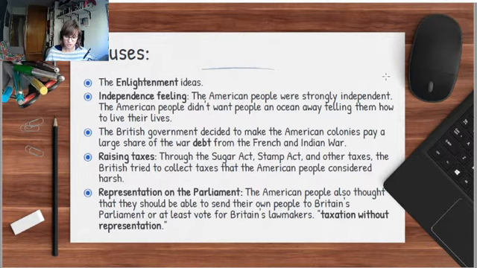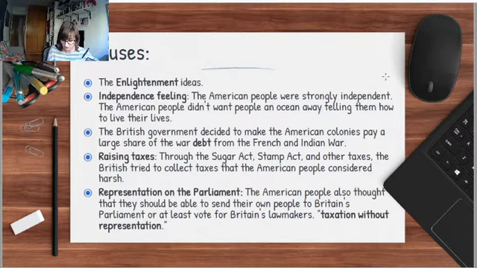First of all, we need to talk about the causes. The causes that led to the American Revolution are these you have here. The first one is the Enlightenment ideas. The Enlightenment ideas that started in France spread all over Europe and America. The colonists were familiar with these ideas of liberty and equality.